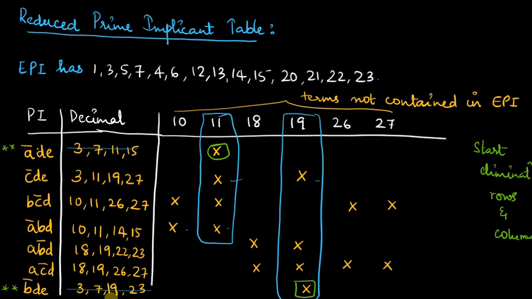Then I have the prime implicant A bar BD, which consists of two X's corresponding to 10 and 11, and 11 is already blocked. So I can highlight the X corresponding to the decimal notation 10 and block the entire column and strike out the prime implicant and denote it as a dominant prime implicant by putting double X's.